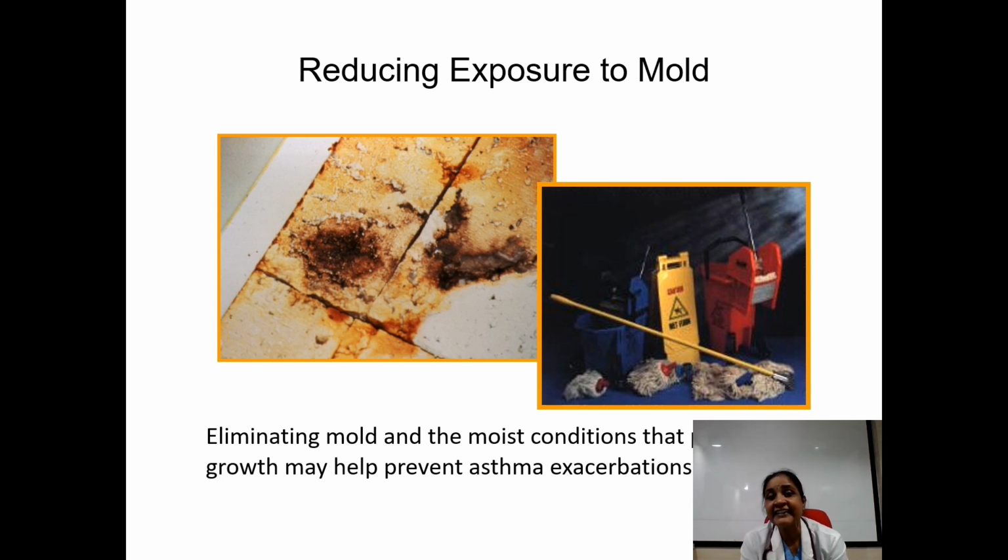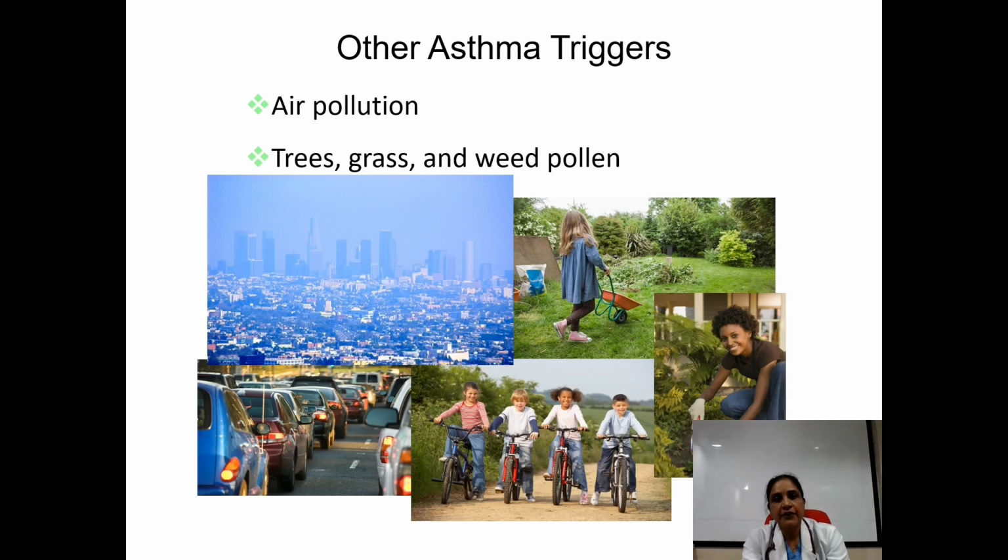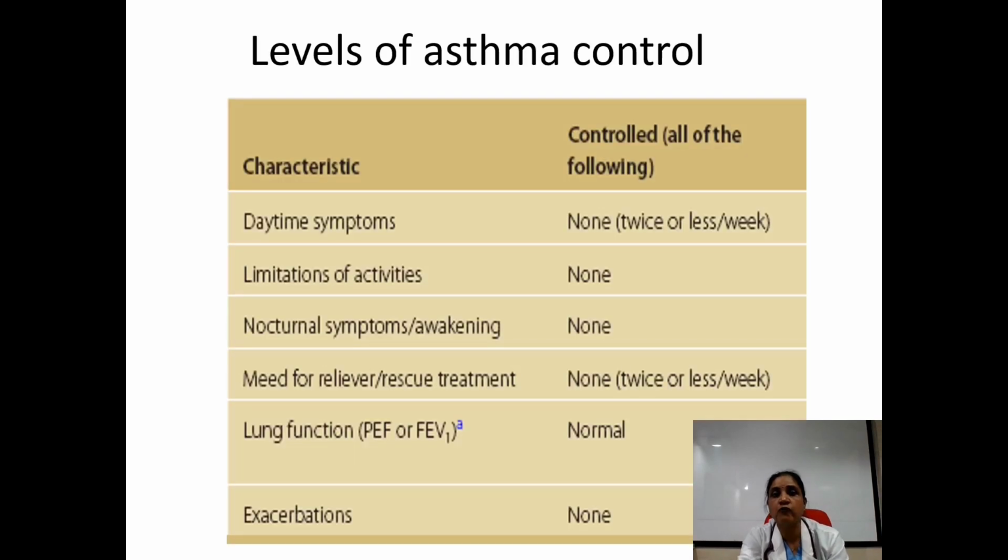Many cleaning staff come to me telling that once they were exposed to this, they developed exacerbation. So all those kinds of factors you should try to avoid. Other asthma triggers are air pollution, trees, grass, and weed pollen, exercise, anything. Please keep a broad mind, and please try to find out what is causing the problem to your patient.